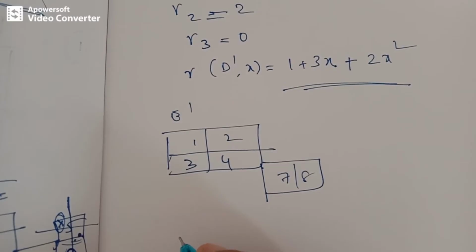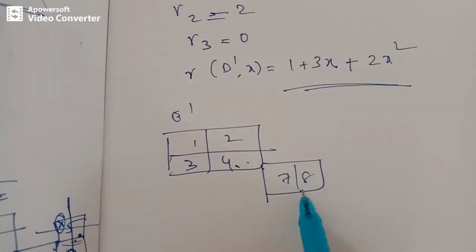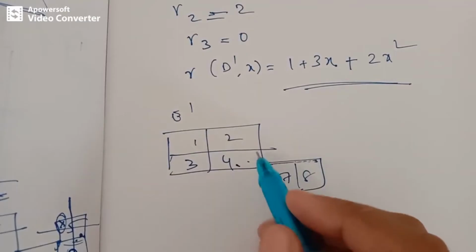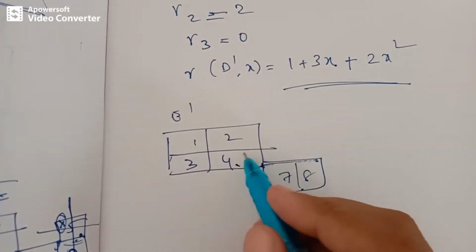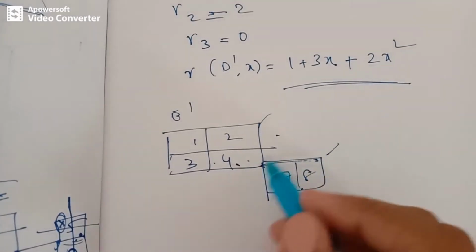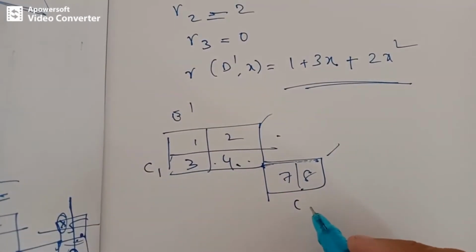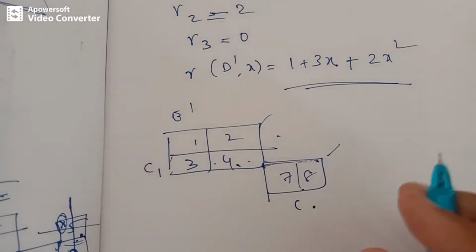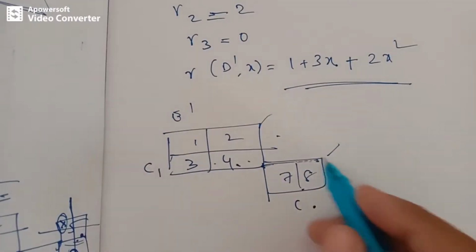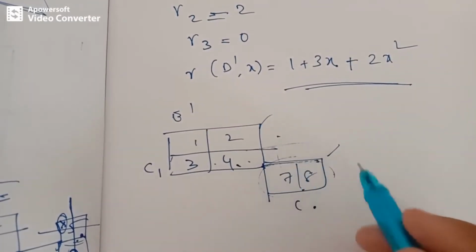Since the board E dash is made up of two disjoint boards, do we have any row or column common to the boards? These are different boards. We don't have a row or column common to both, so we take them as two separate boards. 4 and 7 do not have any row or column in common.